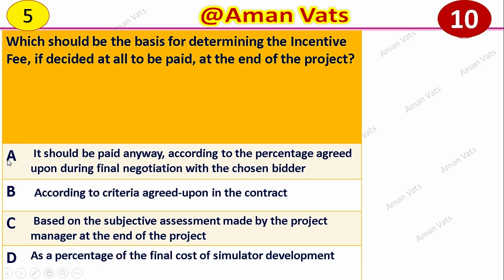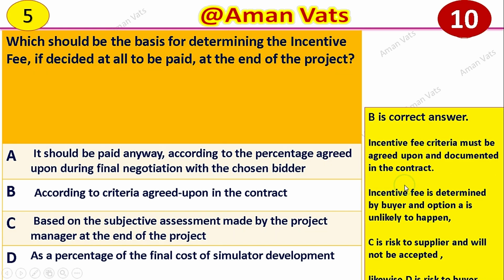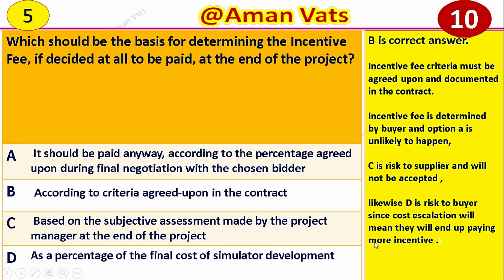Okay, so you have A, B, C, D, and the answer is B. This is the explanation. Incentive fee criteria must be agreed upon and documented in the contract. Incentive fee is determined by the buyer, and option A is unlikely to happen.